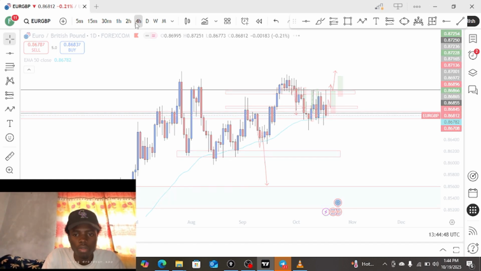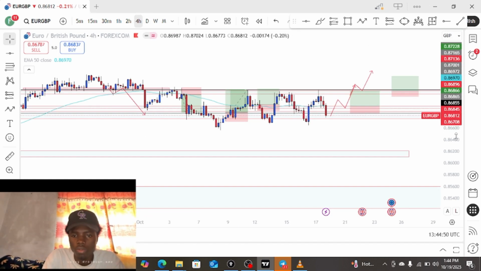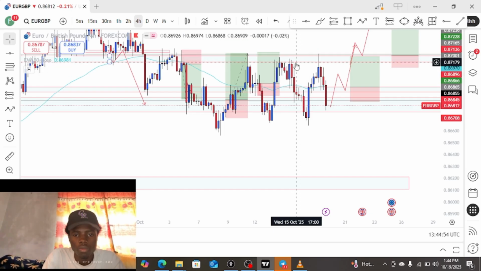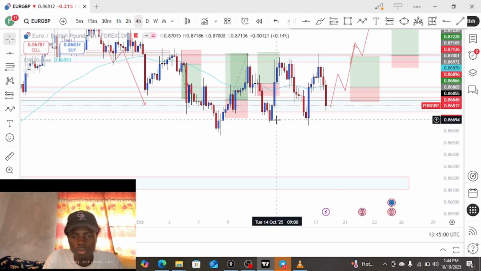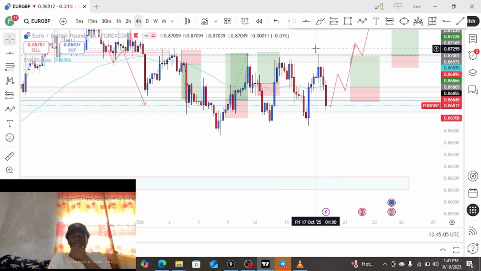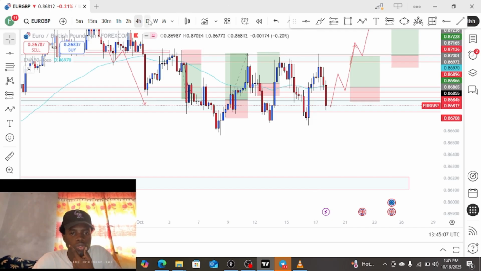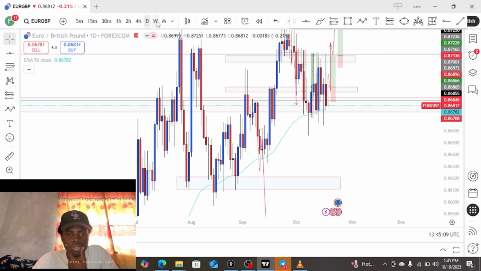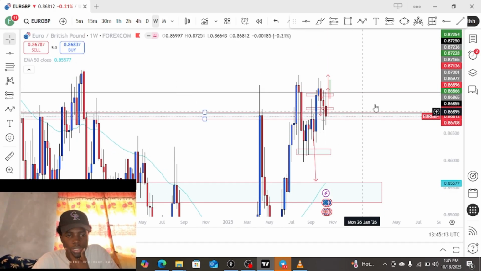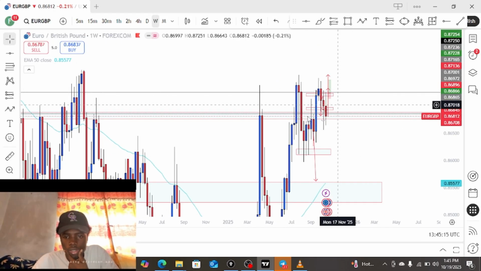And then the 4-hour is also higher high, higher low. So let's go to the daily. The weekly touching the AOI, giving us some rejection.